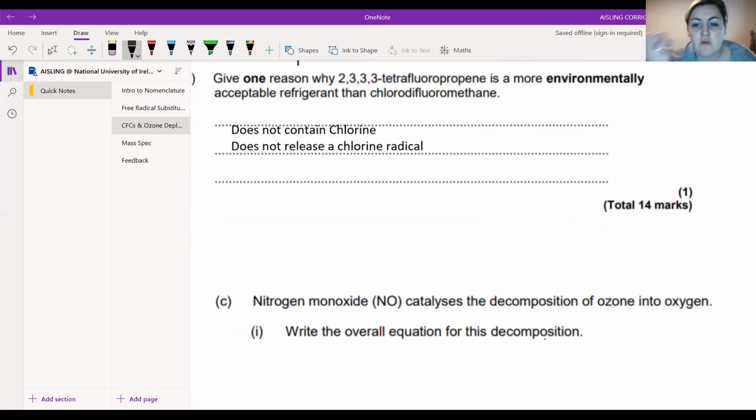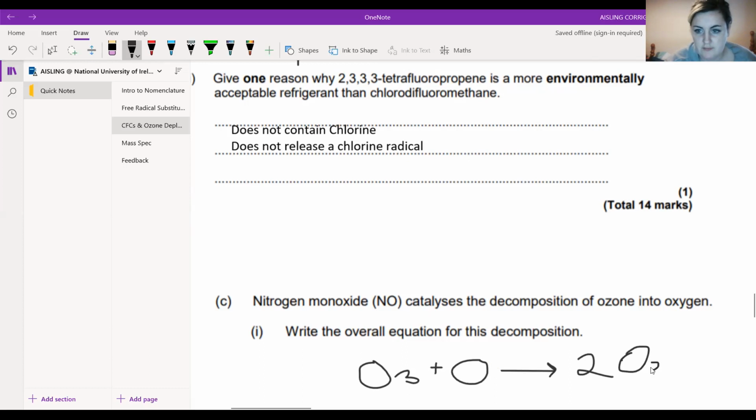What I mean by the overall equations is, if you take away all the noise of those propagation steps, what are you left with regarding the oxygens? It's going to be your O3 plus my oxygen by itself. And what does that make? 2 O2s, as far as I remember.